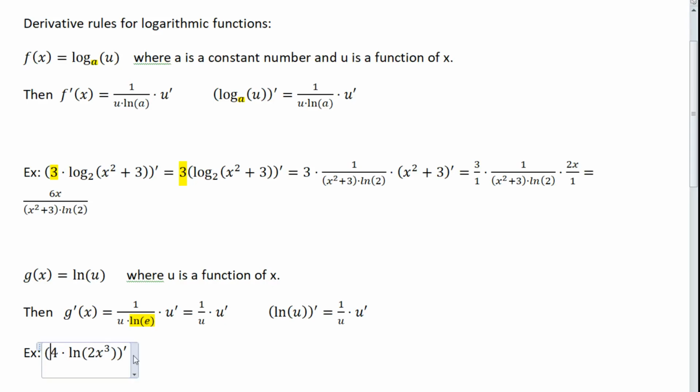well, you can just take the number 4 out of the prime, so you will have 4 multiplied by ln of 2x cubed prime, and then you can use the equation that we just found.